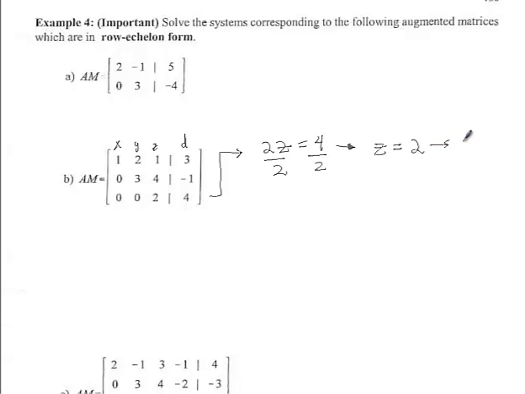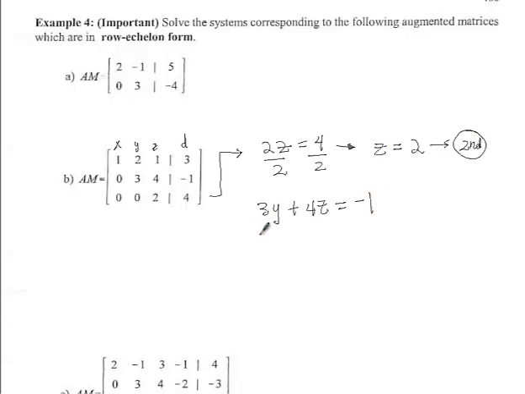We take this and put it in the second equation. The second equation comes from the second row. Translating from the matrix, we would have 3y plus 4z equals negative 1.